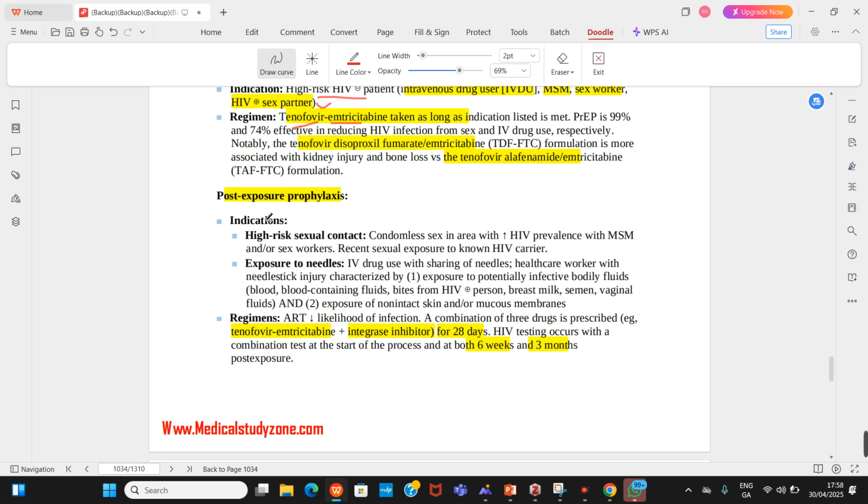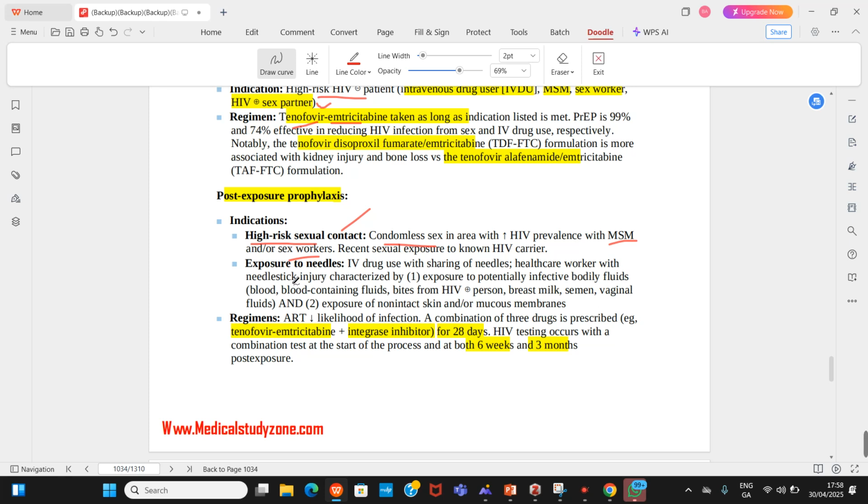High-risk stuff, and you get contact with somebody who has HIV, you quickly need to act. If you have condomless sex with somebody likely to have HIV, like another man or a sex worker, quickly go and take PEP.